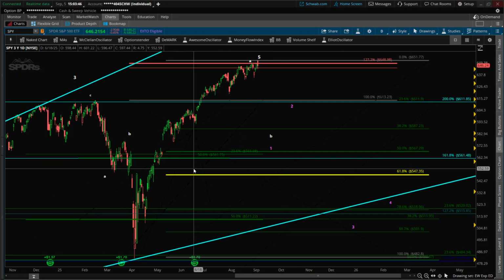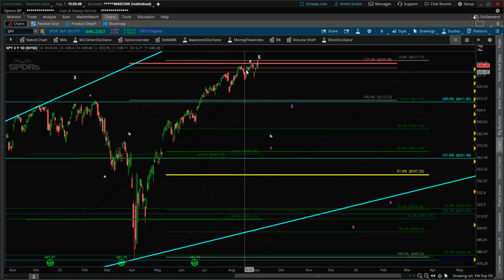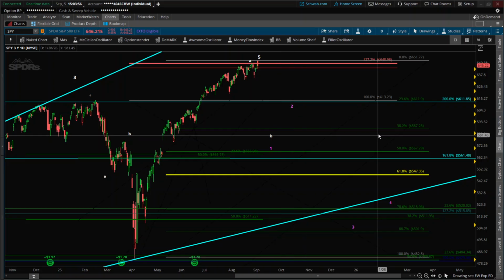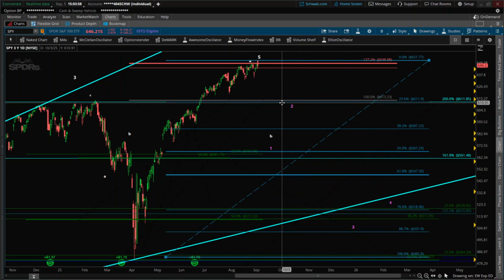But is this done? Is this wave 5 going to be smaller than wave 3? Or do we get this B wave pullback to the 23 or 38% retracements here at 611, or all the way down to 590? That's the question.